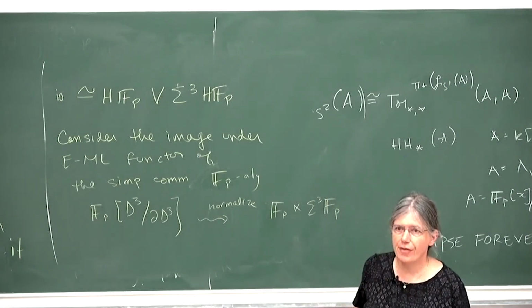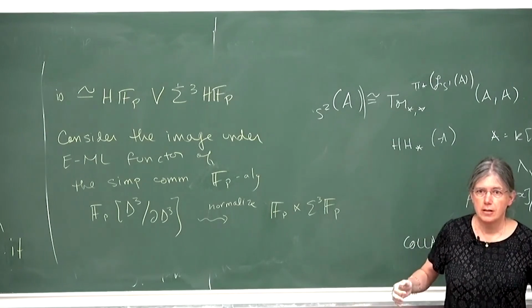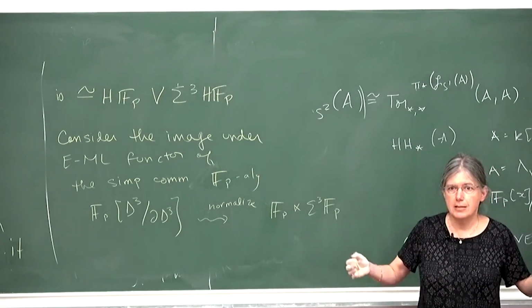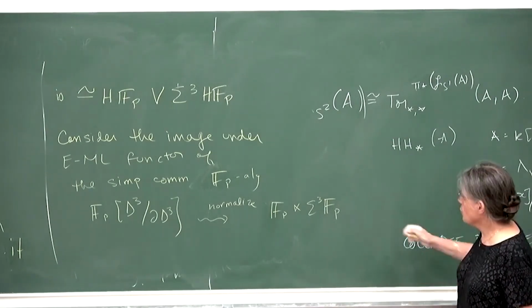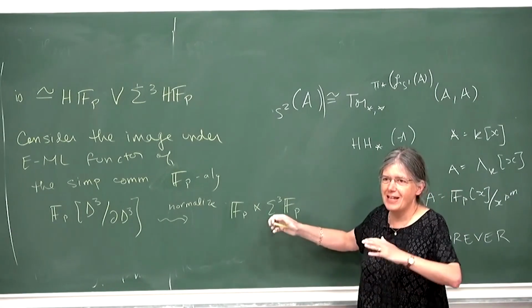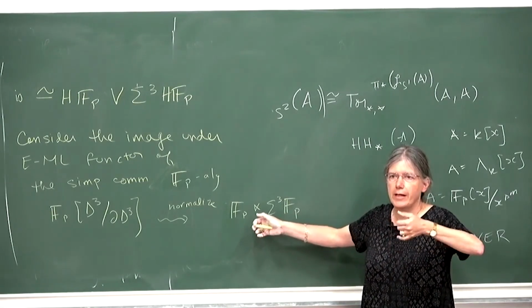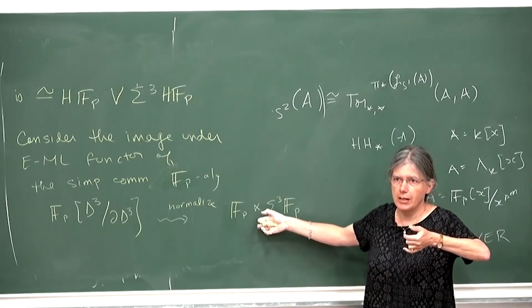So there's this chain of things. And for each of them, you could do Loday constructions and see what you get. And for this one, this is a strange way of writing the graded ring that's the exterior algebra over FP on a generator in dimension 3.